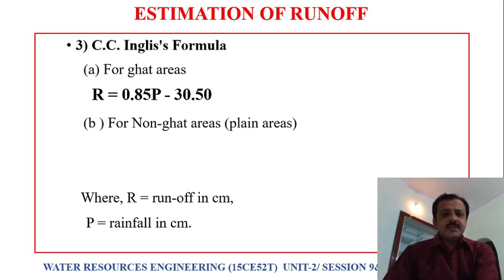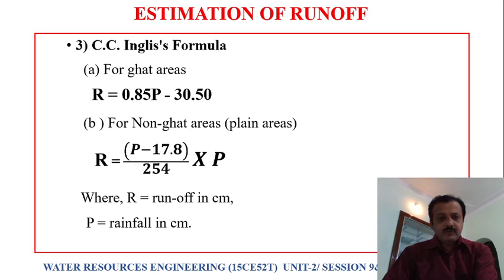Next is CC English formula. Here CC English has given two formulas. One is for Ghat areas, that is mountainous terrains, and the other is for plain areas, which are non-mountainous terrains.